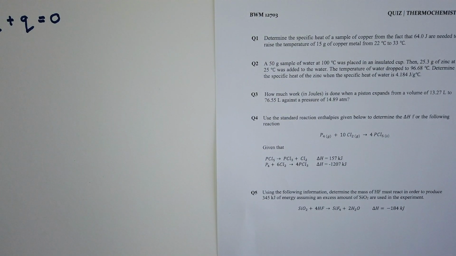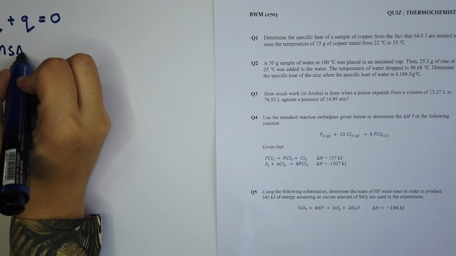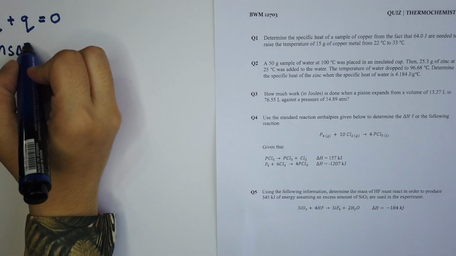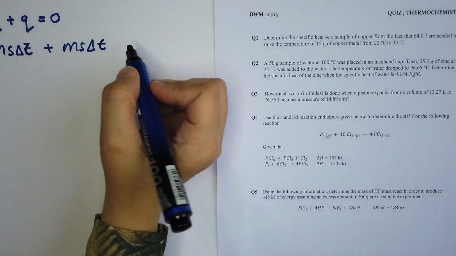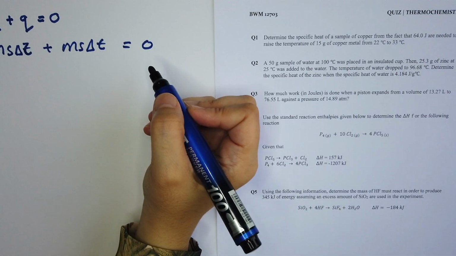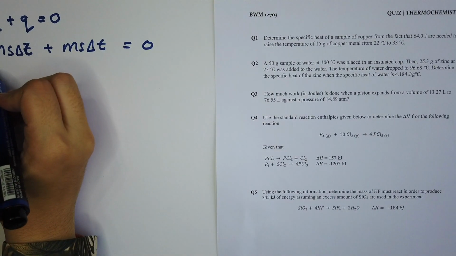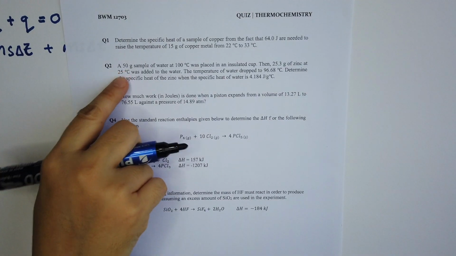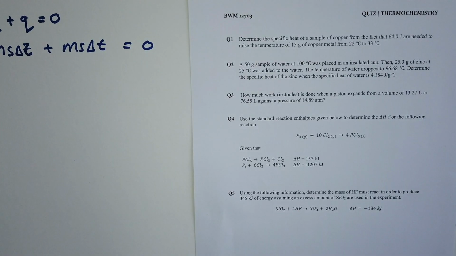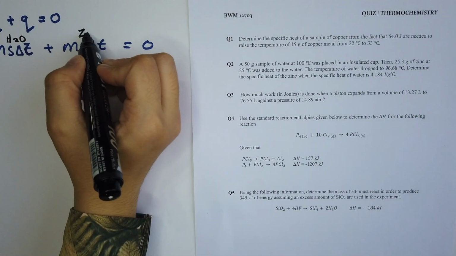Because you have Q for water and Q for zinc, MS delta T plus MS delta T equals 0. I'm just going to label here: this one is for H2O, this one is for zinc.